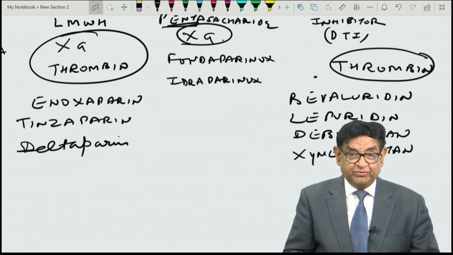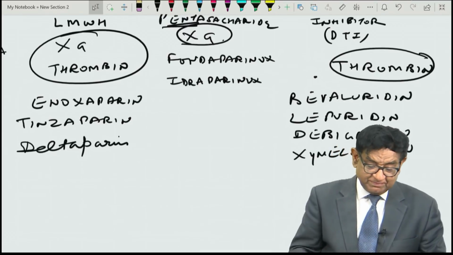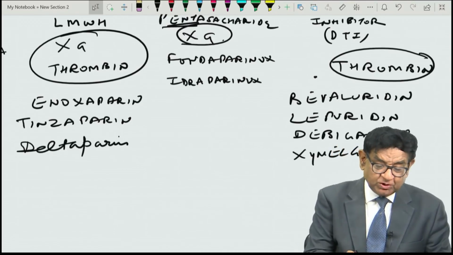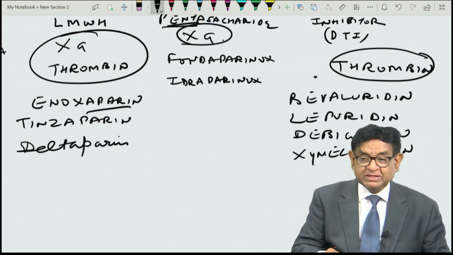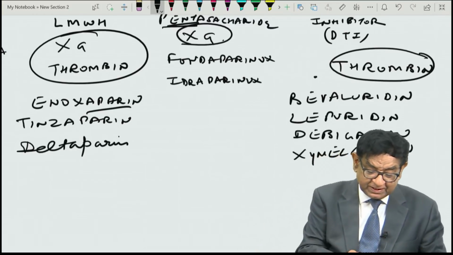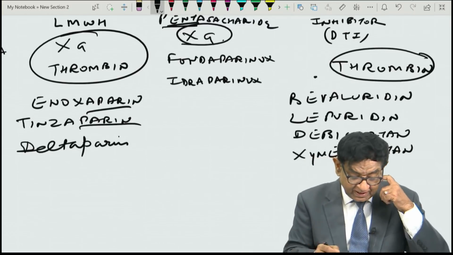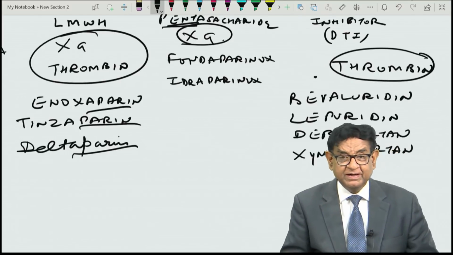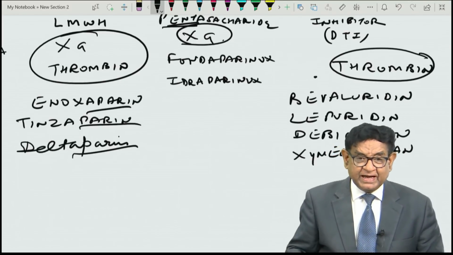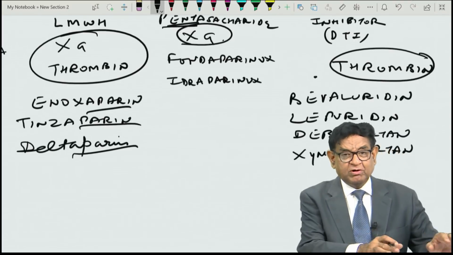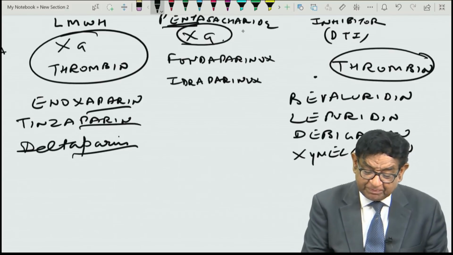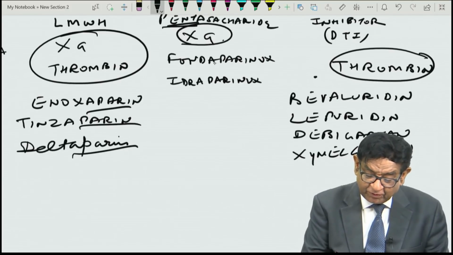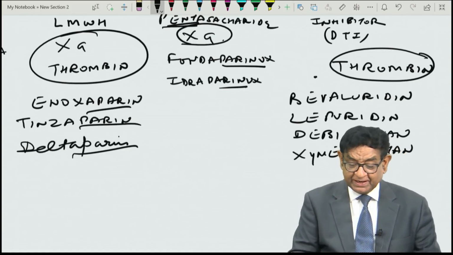Now, the names look very dangerous, but don't worry, I'll make it very simple. What is this? This is low molecular weight heparin. This is enoxaparin, tinzaparin, dalteparin. So all the parins are here. It's very easy. Now this is pentasaccharide: fondaparinux, idraparinux, easy.